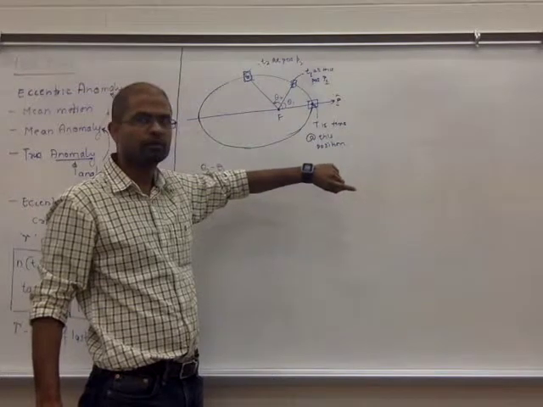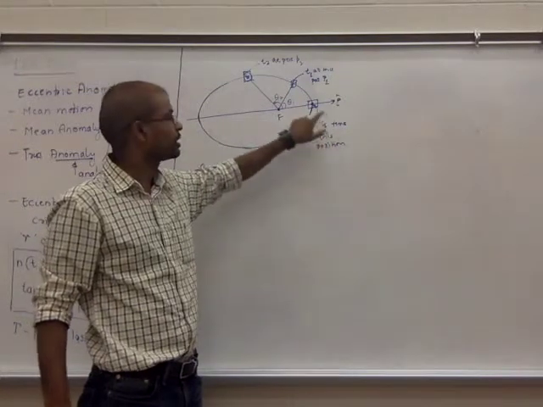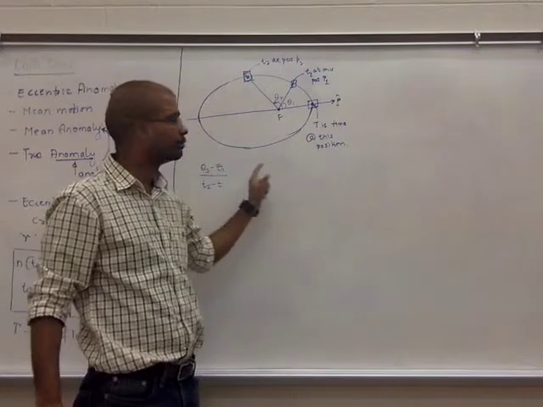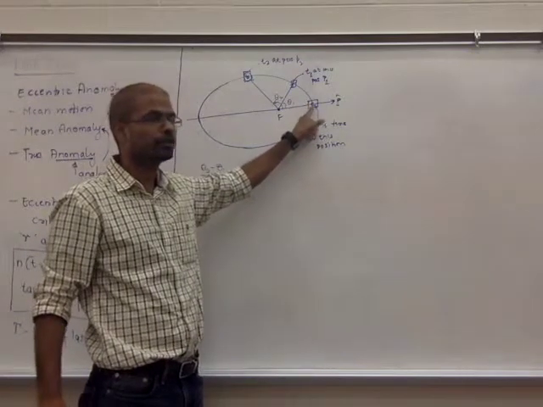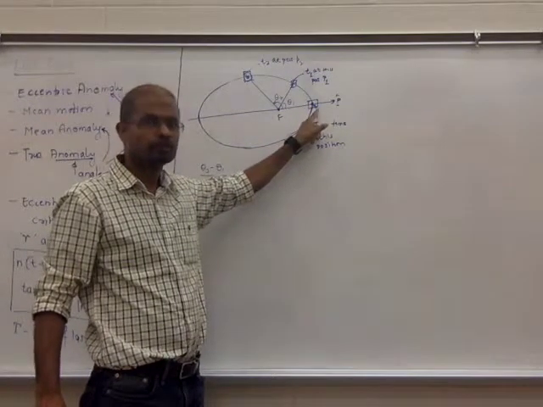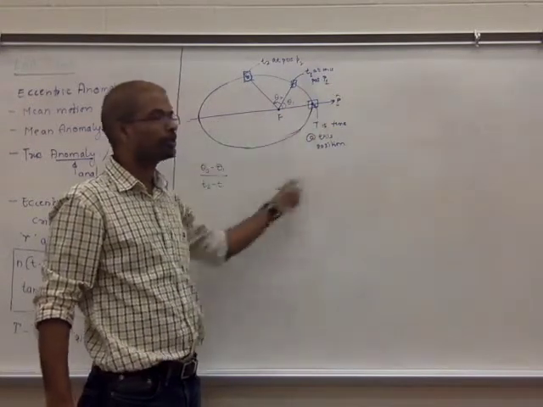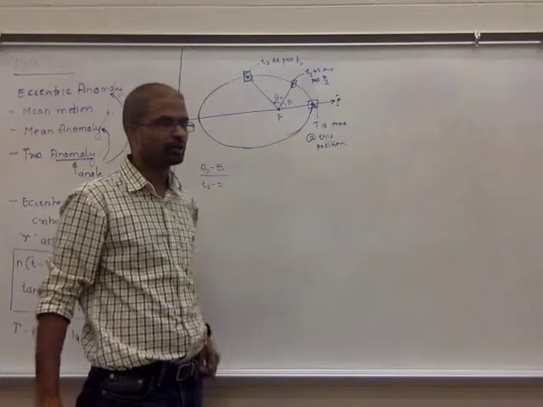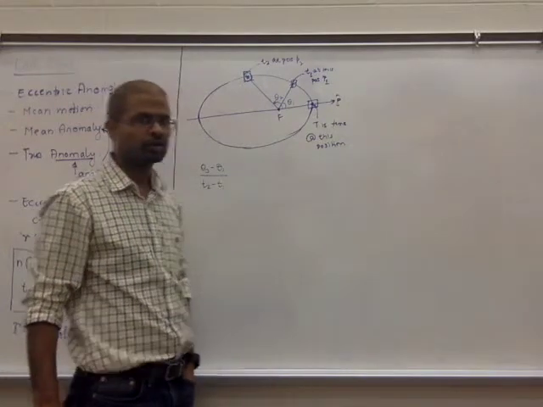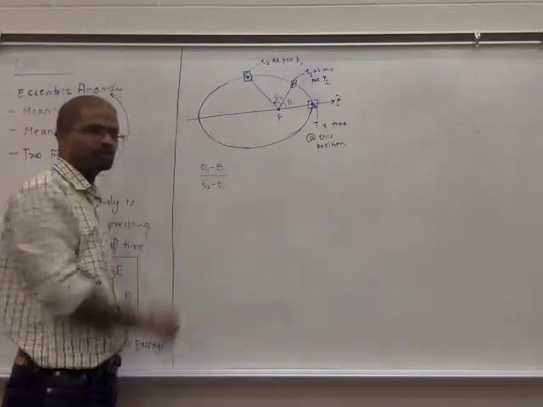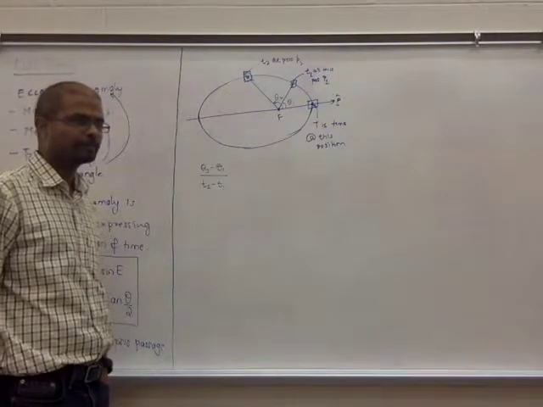You figure out what the time is. So how much angle would it have covered if it came back to this point? 2 pi, or 360 degrees, over T, where capital T is the period of the orbit. So that is the mean motion of the ellipse, the mean angular velocity.